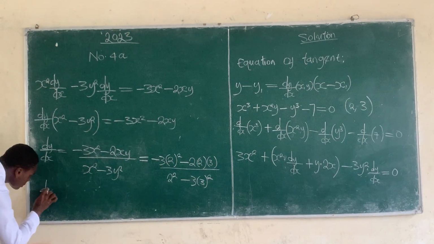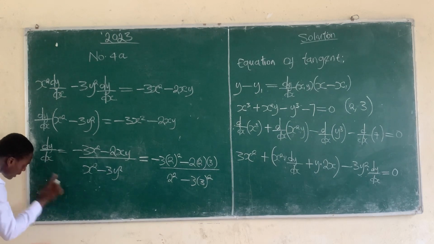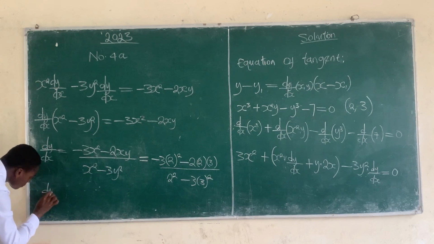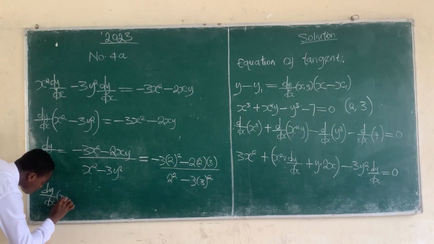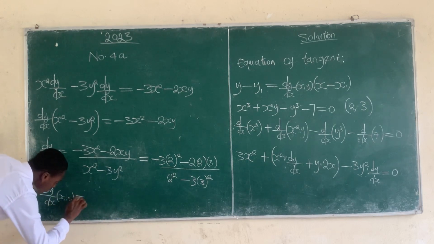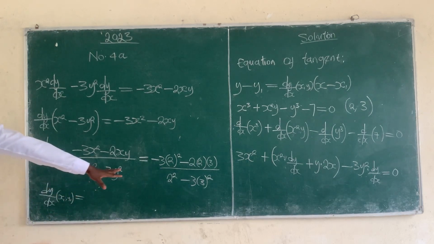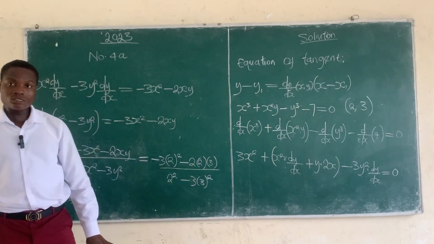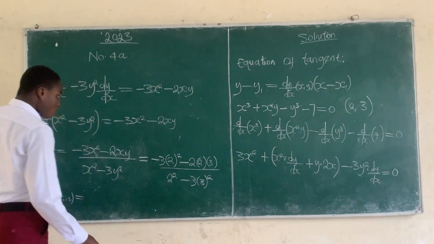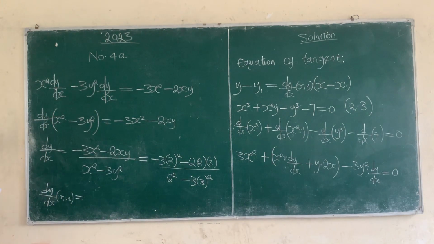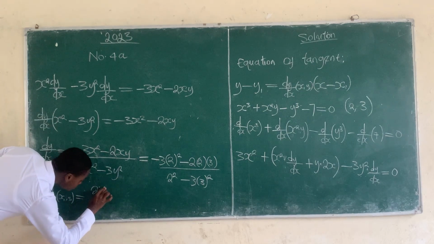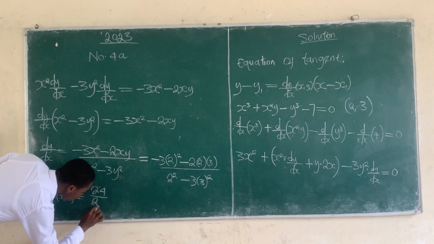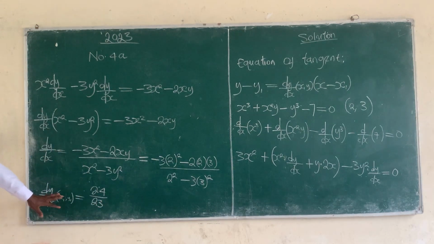So dy dx at x1 y1 is equal to, evaluating this, 24 over 23 as our answer.